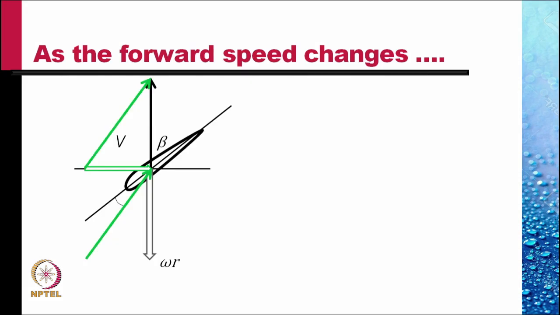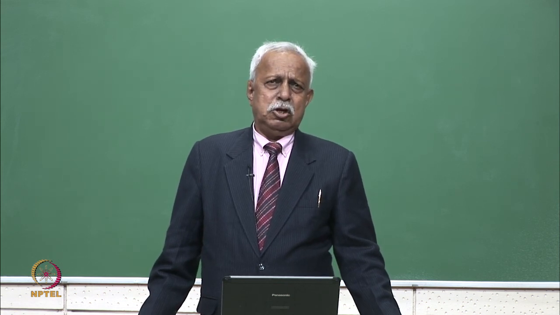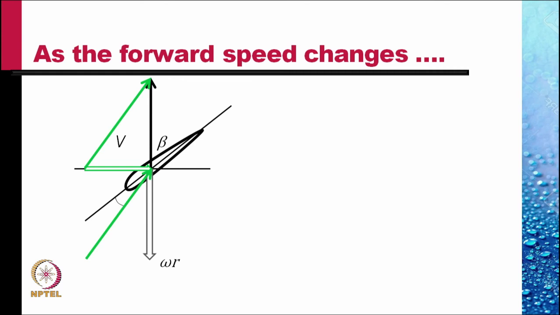Now, let us see what happens when the forward speed of a propeller changes. That is, when the aircraft moves faster, the rotational speed of the propeller remaining constant. Here, the green arrows show the velocity vector with respect to the chord for a given forward speed V and a given rate of rotation omega at a radius r from the hub.